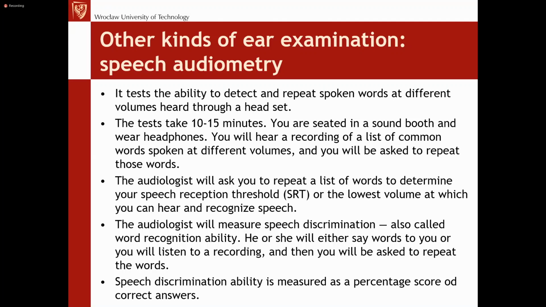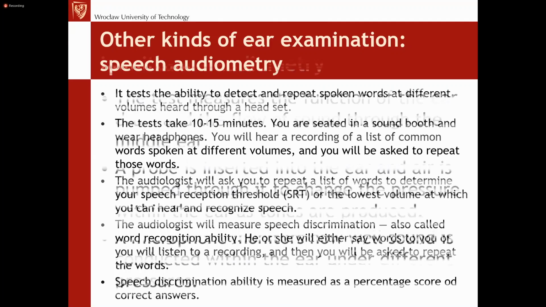The result is very often a speech discrimination score, expressed as a percentage of correct answers. And pure tone audiometry, as well as speech audiometry, are called subjective audiometry measurements.